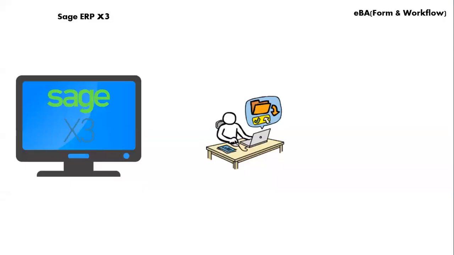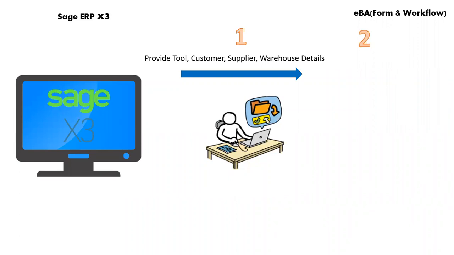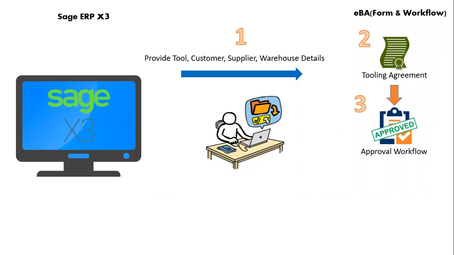Okay, so now let's have a look at the data flow from Sage X3 to eBA and then back to Sage X3. First of all, from the Sage X3 ERP system, we will provide the tool, customer, supplier, and even warehouse details to the eBA platform. Secondly, from the eBA platform, we will design the tooling agreement, and then we will send the tooling agreement for approval. Okay, so this is the workflow for approval.